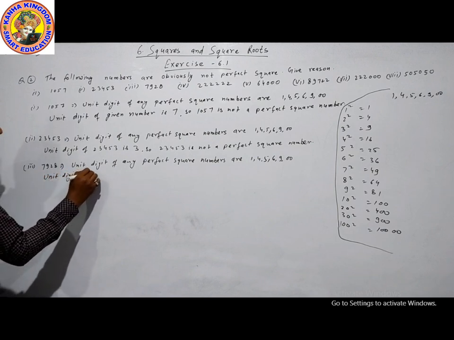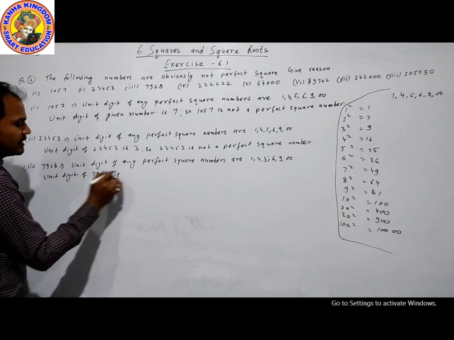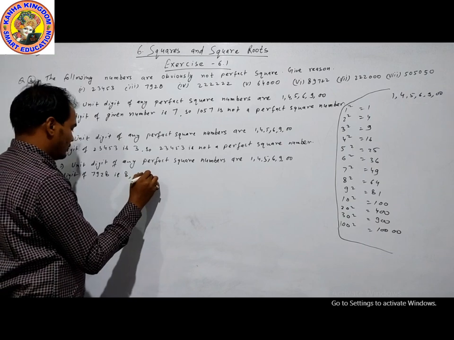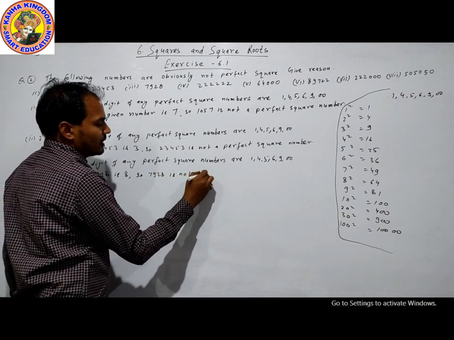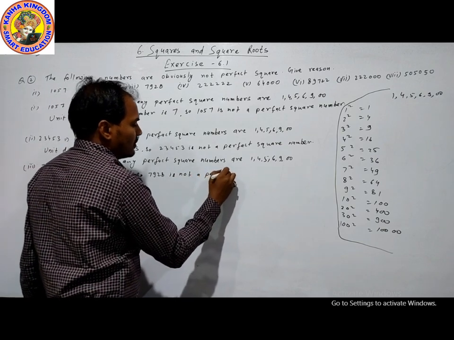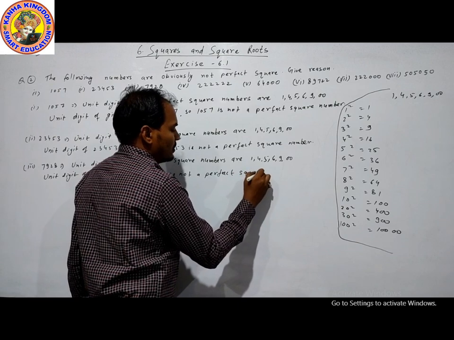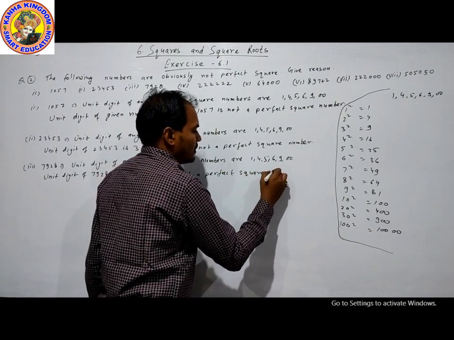Unit digit of 7928 is 8. 8 is not included, so 7928 is not a perfect square number.